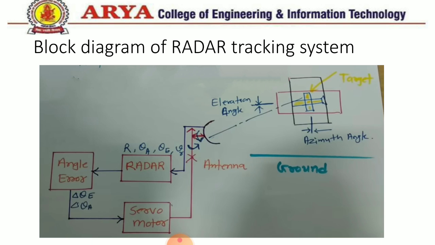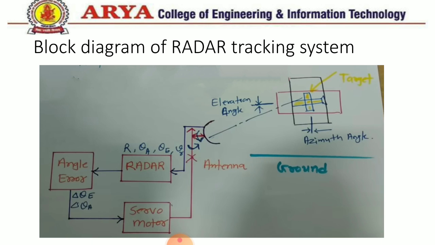So this is how the complete system functions. When somebody is calculating all these things, one should focus on these parameters. Range calculation is very simple, but azimuth and elevation angle correction happens with respect to the motion of the object.